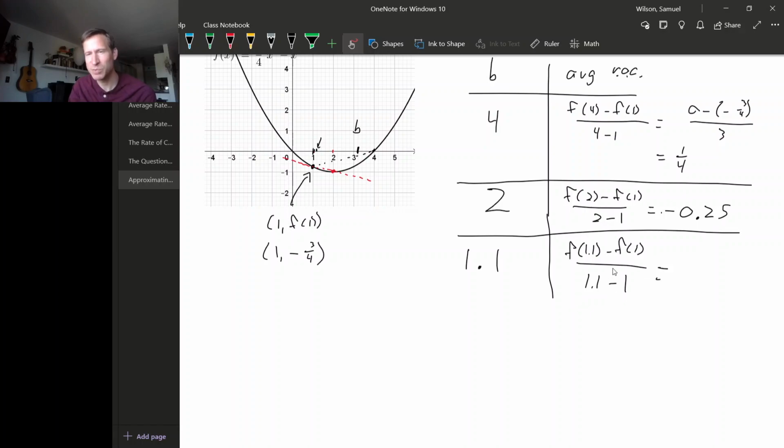secant slope expression is that the denominator is getting very small because we're making b very close to 1. But the numerator is also getting very small, since the two inputs to the function here are very close, the outputs will also be close. So the numerator and denominator of this fraction are getting very small, and somehow those balance out.